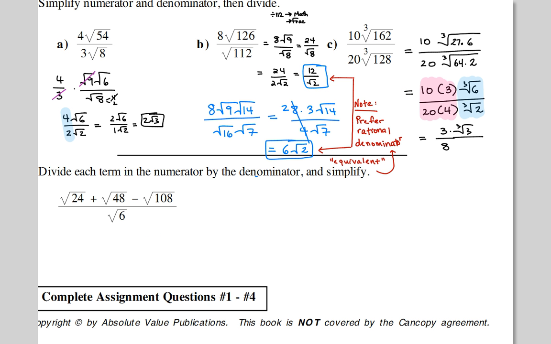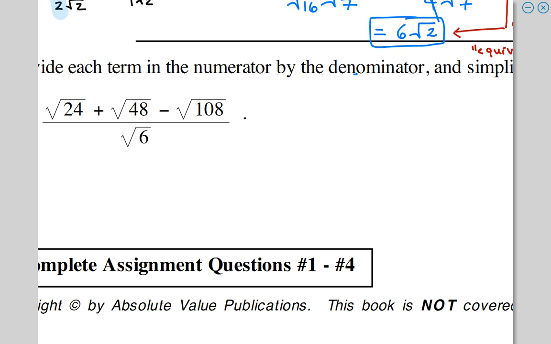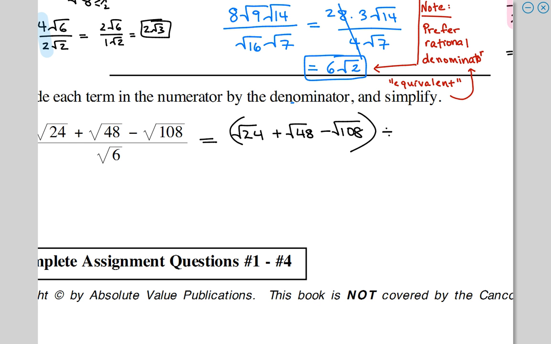Let's read the instructions this time. Divide each term in the numerator by the denominator and simplify. So what does this expression mean here? It means this whole numerator is being divided by root 6.